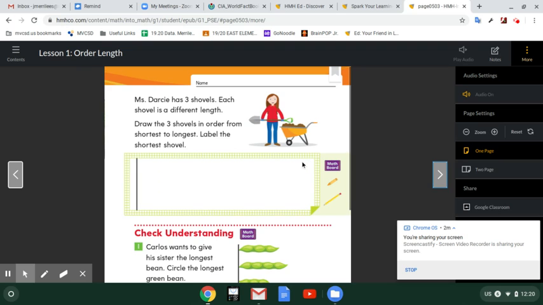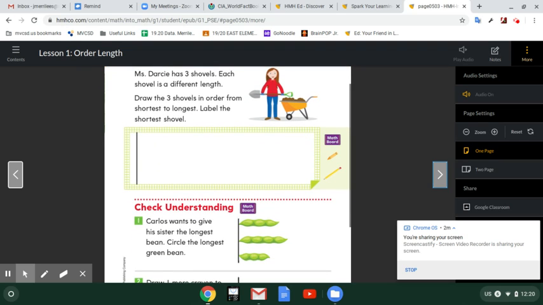Miss Darcy has 3 shovels. Each shovel is a different length. Draw the 3 shovels, this time in order from shortest to longest. So I'm going to draw 3 shovels. Super simple. Again, it's not art class, it's math. And I'm going to draw them from shortest to longest. So here's my shortest shovel.